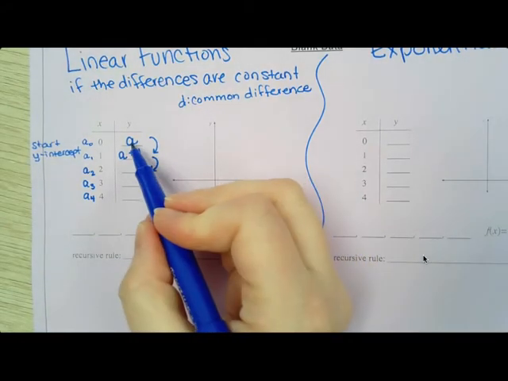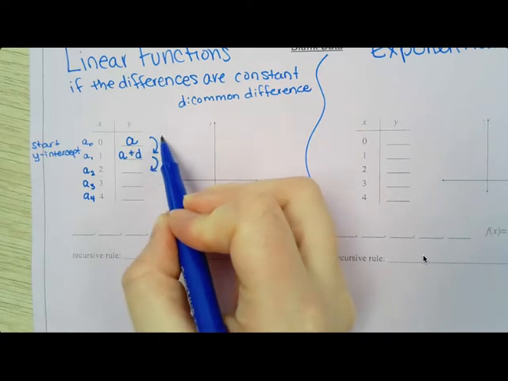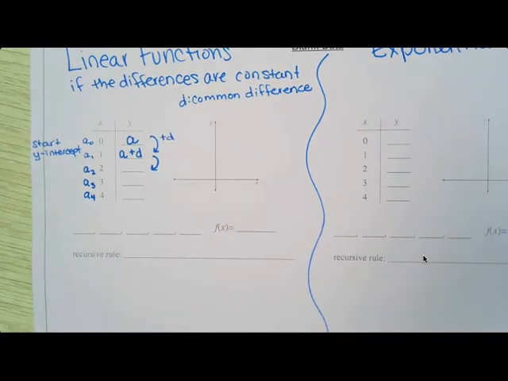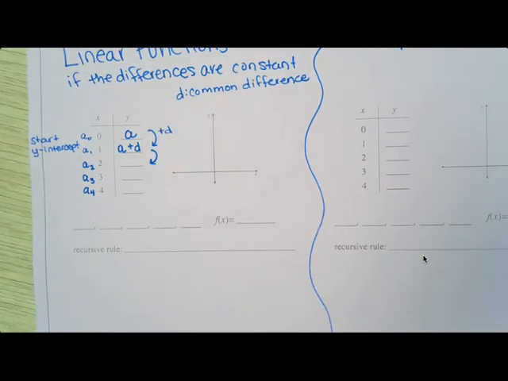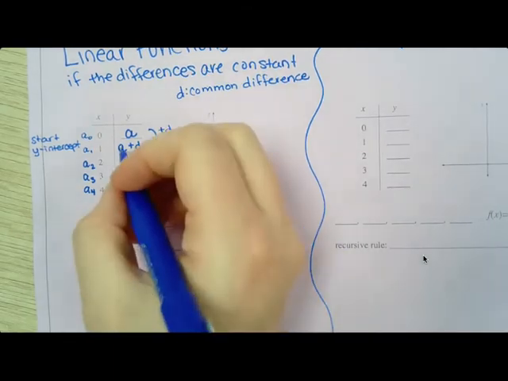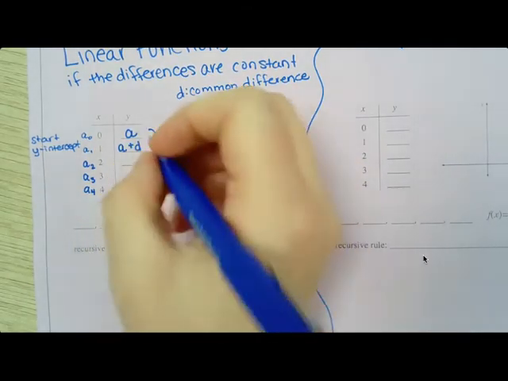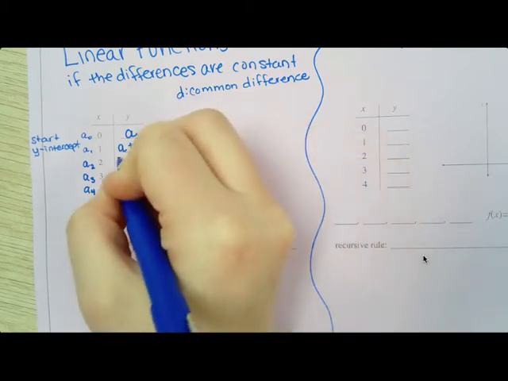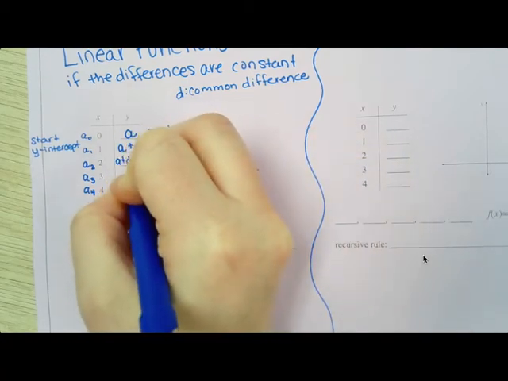To get from A0 to A1, we just add a D, which gets us A plus D. And then the next one, we add a D again. So that means it's A plus D plus D.